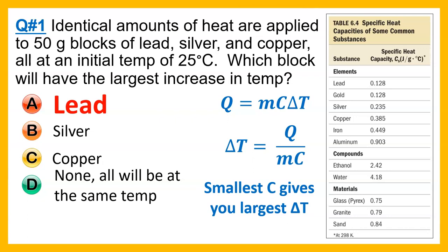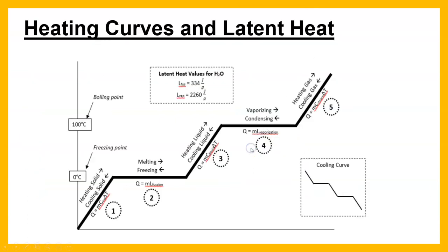All right, let's move on to heating curves. Remember, we have to do our calculations in segments. When we heat something up or cool it down, we can use MCAT. But if we are going through a phase change, there is no change in temperature. All of the energy is being converted into potential energy because things are getting spread further apart.